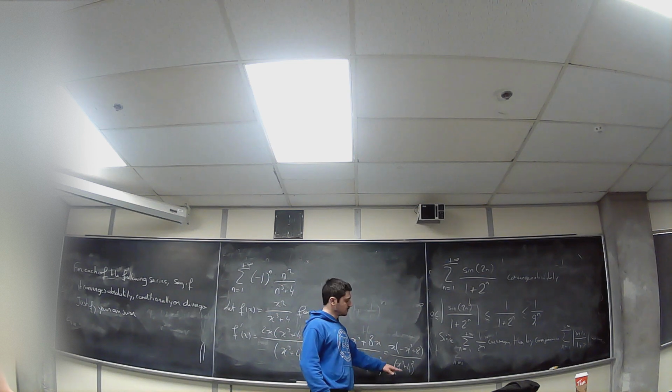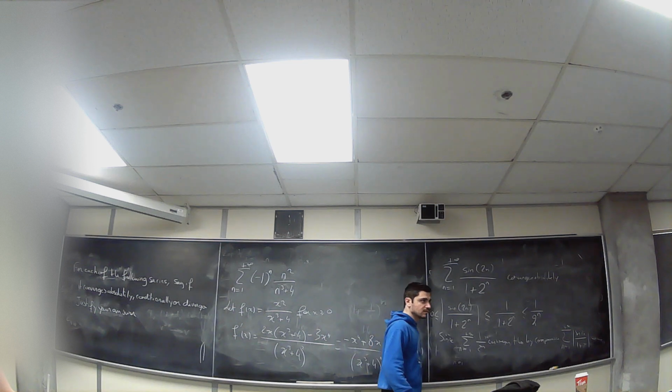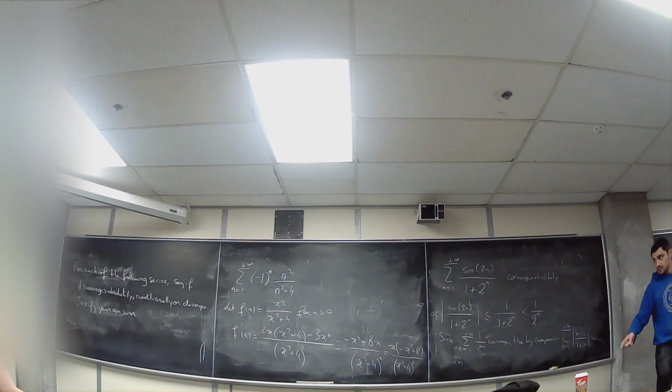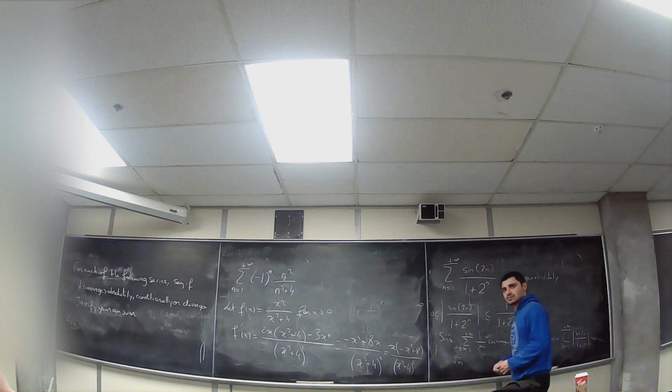Because it's a square. Now, can I guarantee that this number is negative? If x is bigger than 2. If x is bigger than 2, then f prime is negative. So f will be decreasing from 2 to infinity, right? We see that or not?